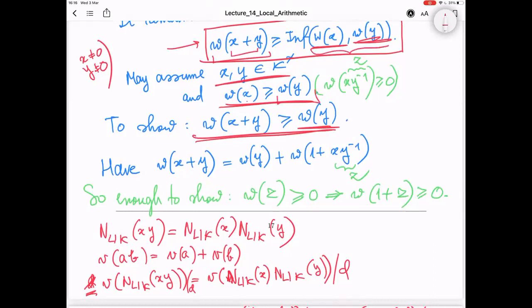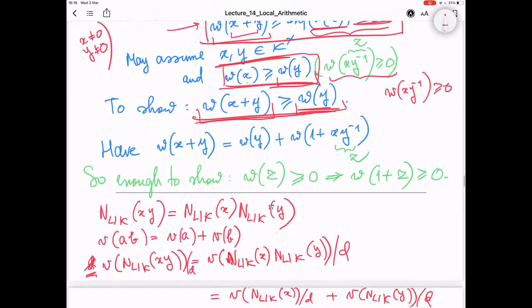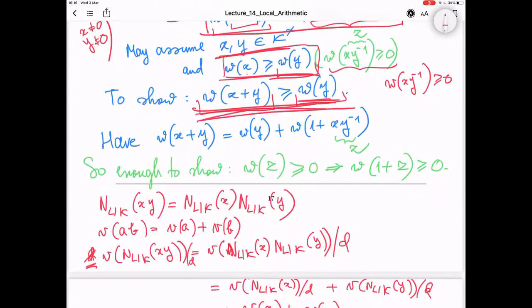Now W of x bigger than W of y can be rewritten as W of x y inverse is positive, and I know that W of x plus y is W of y plus W of 1 plus x y inverse, because I can write x plus y as y times 1 plus x y inverse.